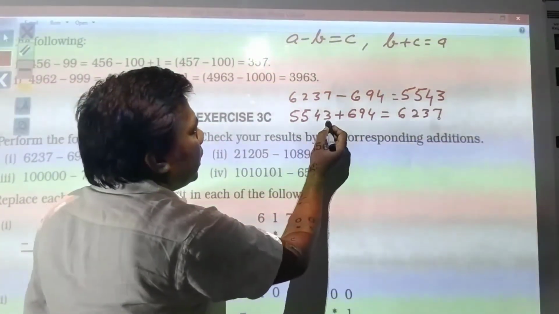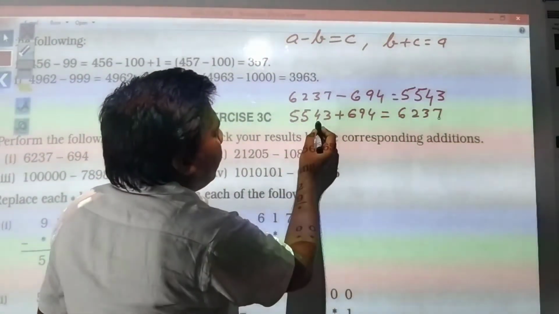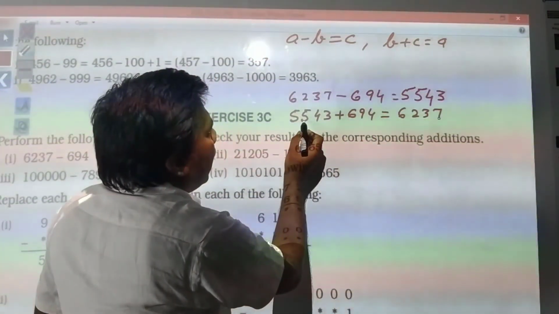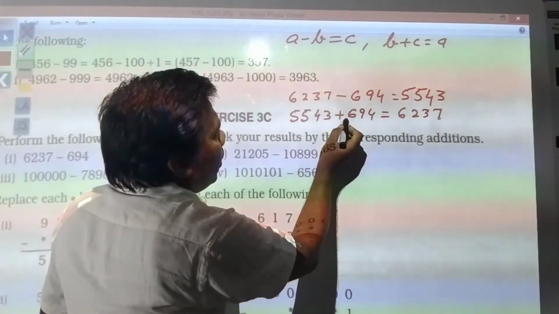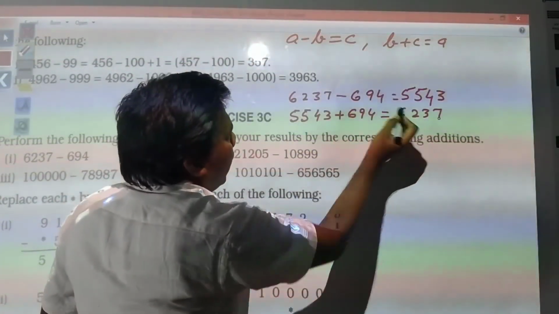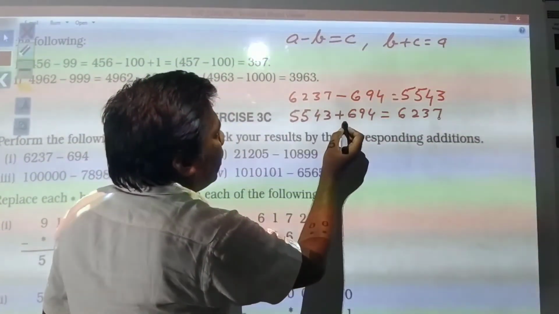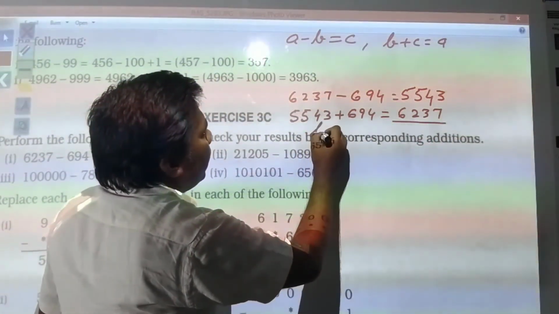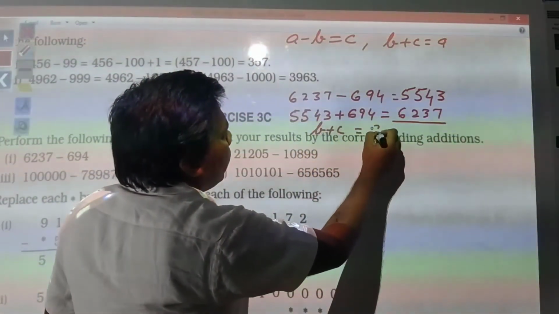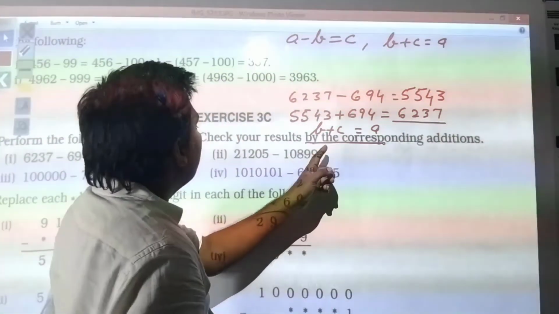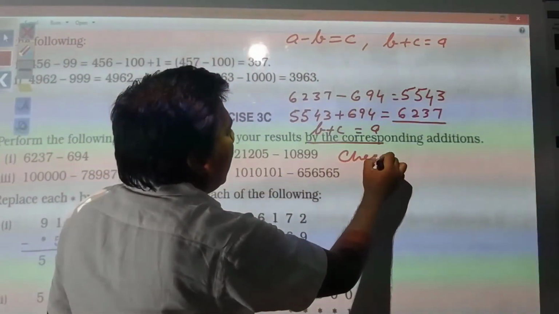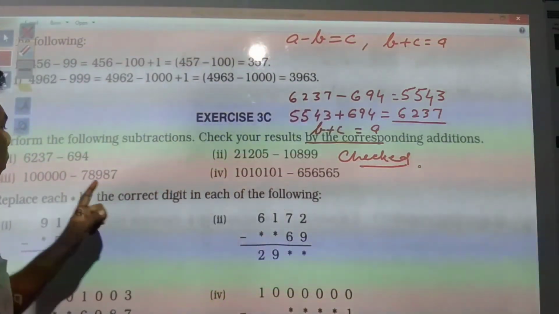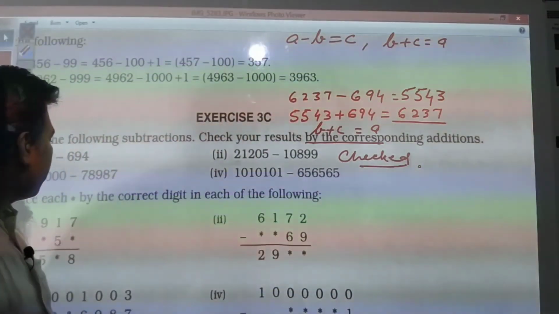You add 4 and 3, 7; 4 and 9, 13, 1 you have carry; and 5 and 6, 12; 5 and 6, 11, and 1, 12, 1 you have; 5 and 1, 6. So you have got this. It means it shows B plus C is equal to A. So this you can write checked after doing this. So in this way these questions are required to be solved.